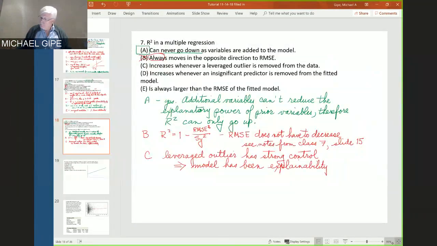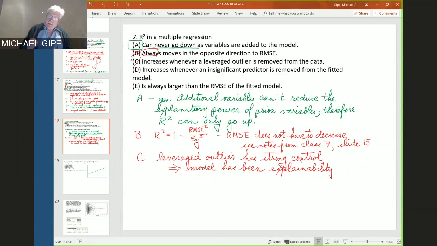How about D? Does R squared increase whenever an insignificant predictor is removed from the fitted model? What's an insignificant predictor? Well, an insignificant predictor is one that could be zero.